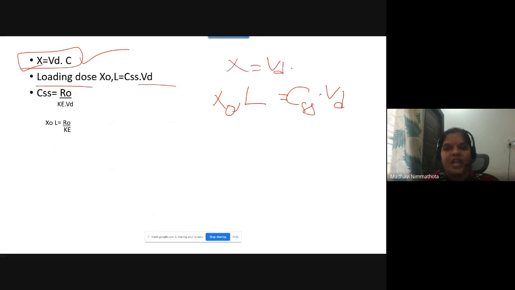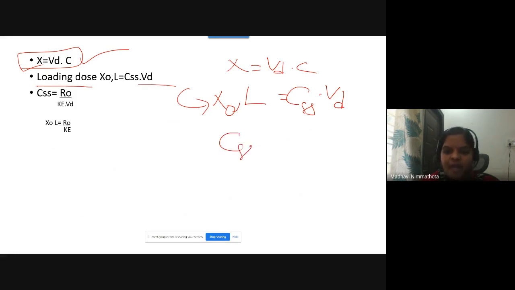Then how to calculate the loading dose? This is the formula. X naught,L is the loading dose, the amount of drug available at time 0, which equals CSS, the steady state concentration, into volume of distribution. First write X equals VD into C, then the formula for loading dose calculation.